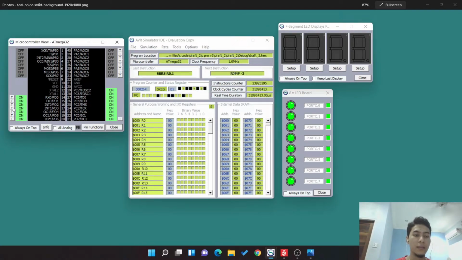We can test the addition and multiplication process using all F values, where the first number is F and the second number is also F. So we see the addition will become dash, equals dash. This is because the limit of our answer is only F, so any number higher than F will be dash.